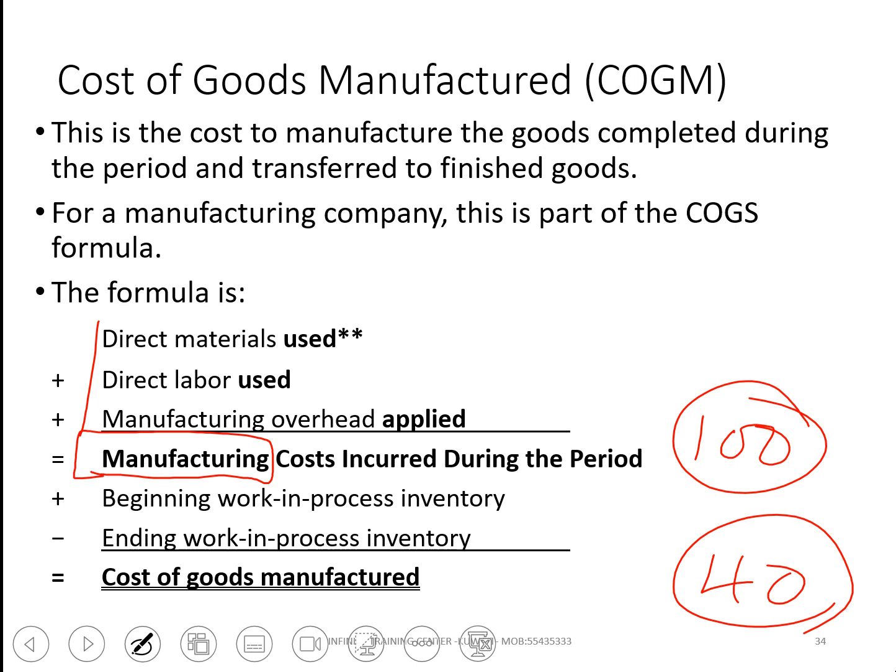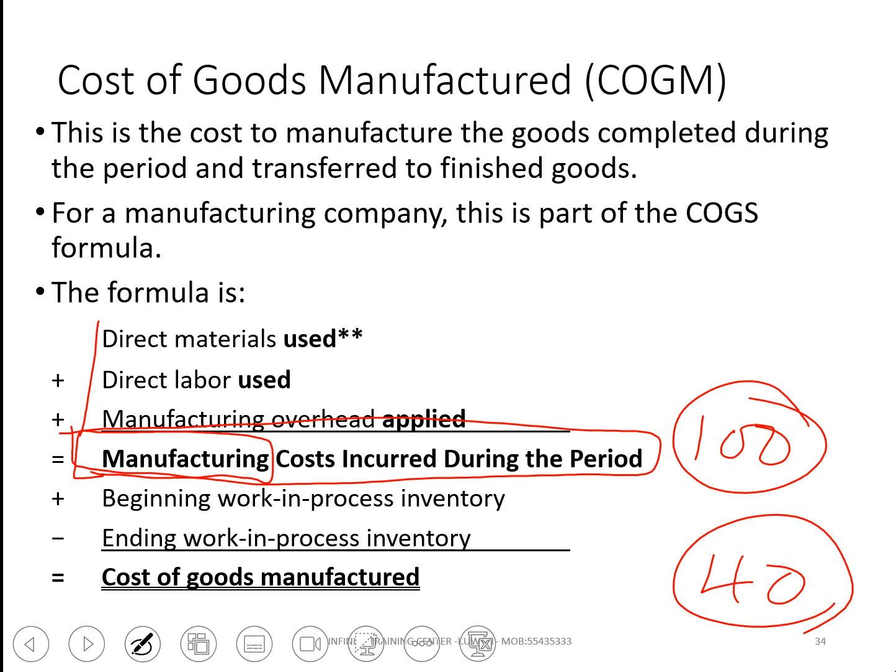In a hypothetical situation, we started with 100 units and we completed only 40 units. So what does that mean? All the cost incurred here is to manufacture 100 units, but we didn't complete it, still work is pending.